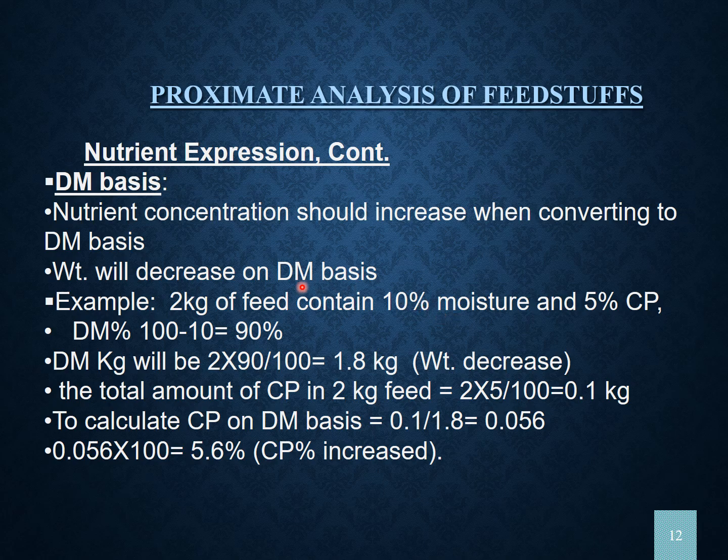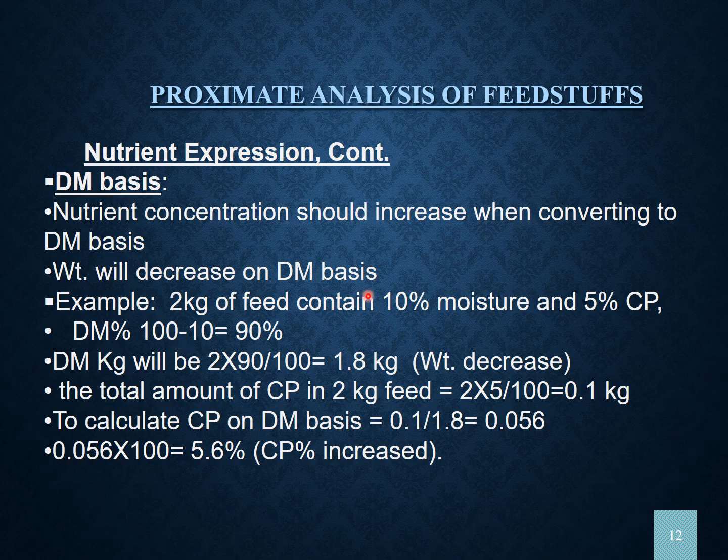How do we calculate the dry matter percent? We calculate it by subtracting the 10% of moisture from 100%, because this is the total percent of feedstuff containing dry matter and moisture.